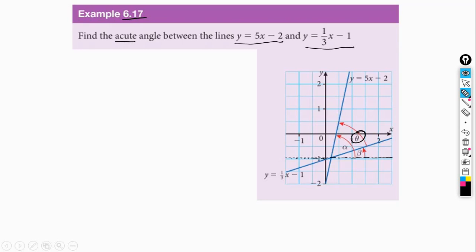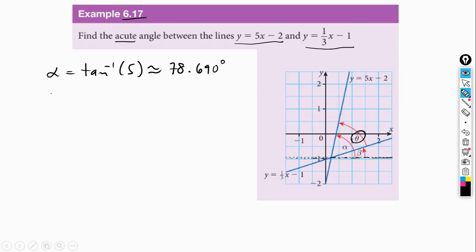So alpha is going to equal the inverse tangent of the slope of the first line, 5x minus 2. So inverse tangent of 5. And this is going to give us approximately 78.690 degrees. So again, we carry 3 decimals here.